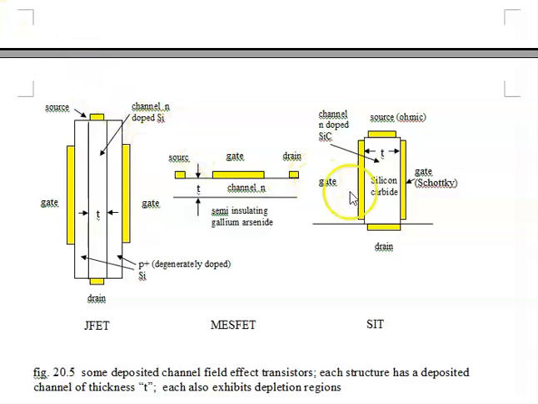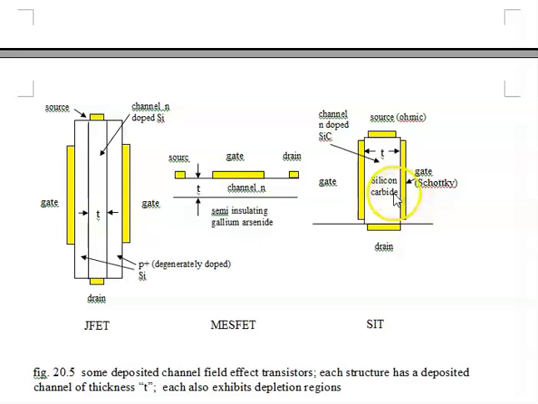But just a few words about it here. This is a hybrid because we have a Schottky on the gate, just like we have on the MESFET, but we have a vertical structure in the SIT, just like we have in the JFET.